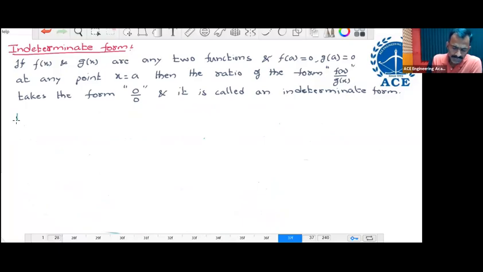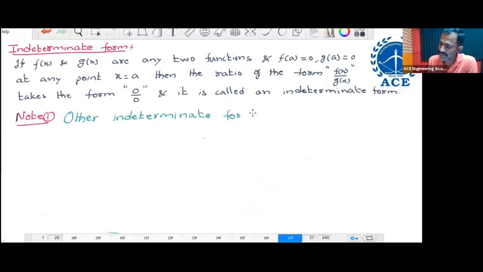Note point. Other indeterminate forms are infinity by infinity, 0 into infinity, infinity minus infinity, 0 power 0, infinity power 0, and 1 power infinity.